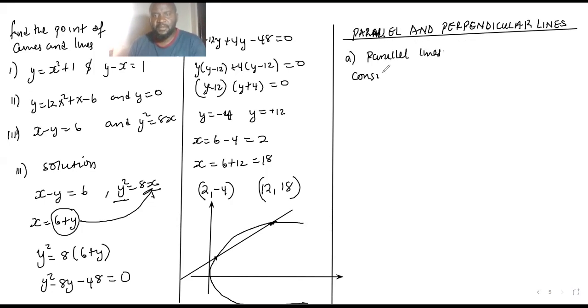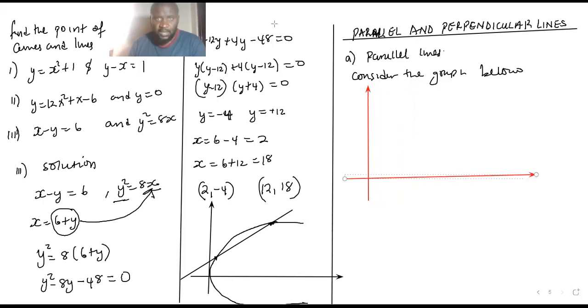If you consider the graph below, we have two lines which are parallel. One of the lines is that one, the other line is this one. And clearly we see that these lines are parallel to each other.